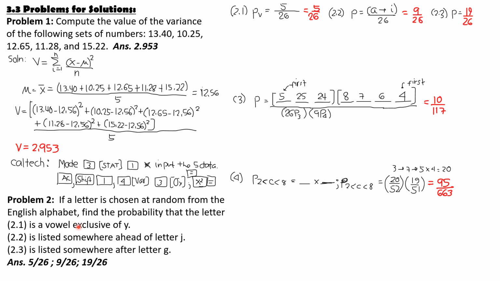Then all in all there are 26 letters in the English alphabet, so 5 vowels out of 26 is 5 over 26.